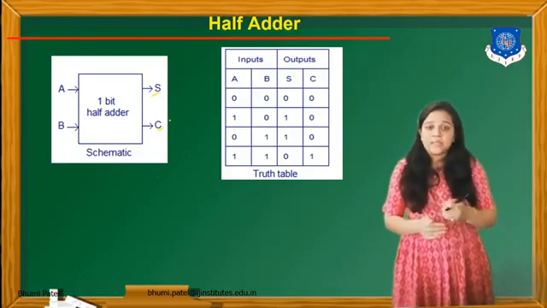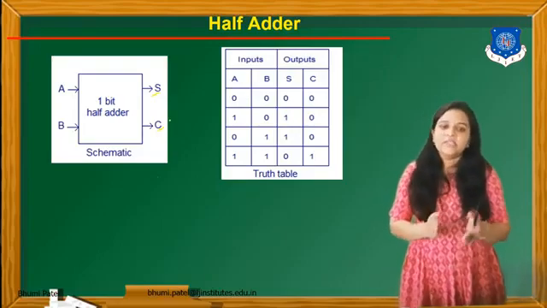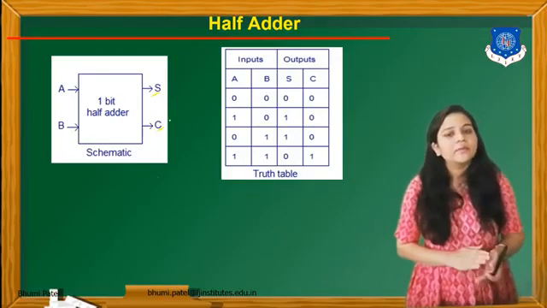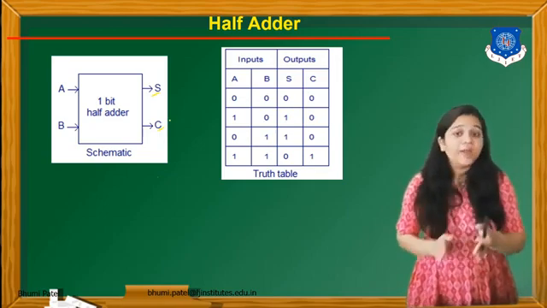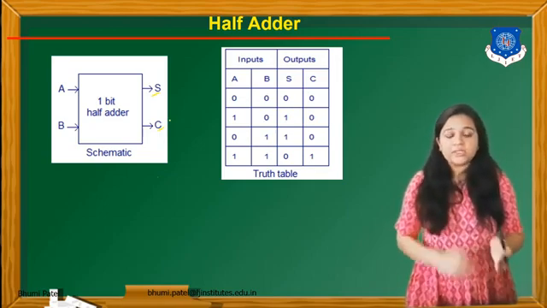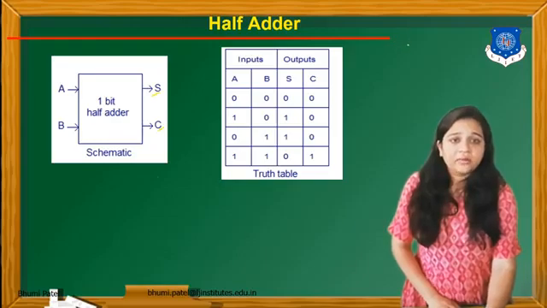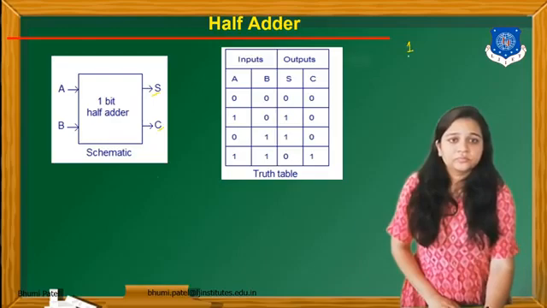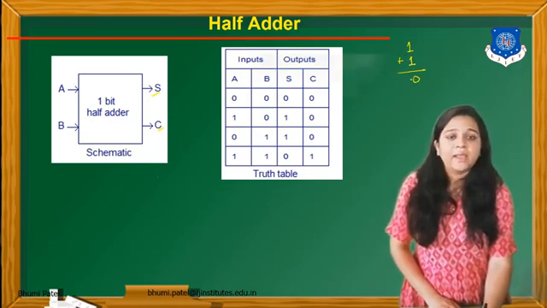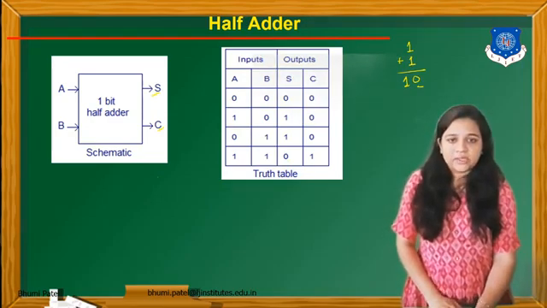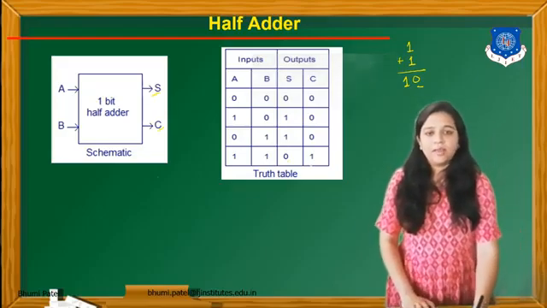For 0 1, same as above, sum is equal to 1 and carry is equal to 0. And for 1 1, 1 plus 1, the answer is 0 and carry will be 1. So we put 0 as the sum and 1 as the carry.